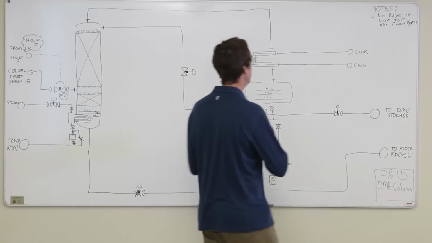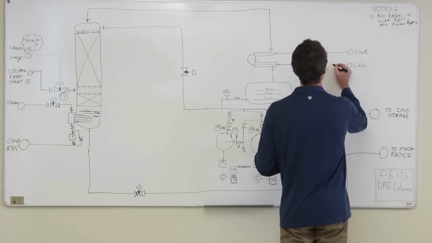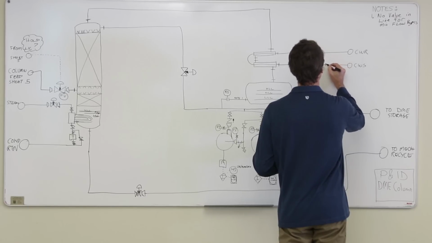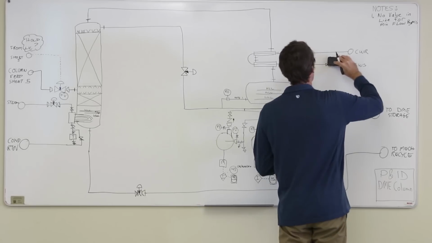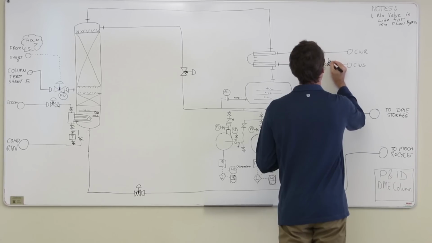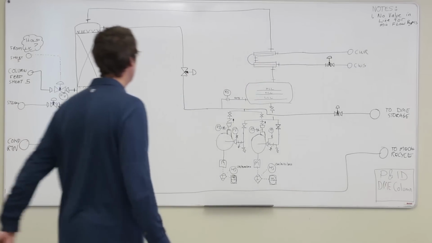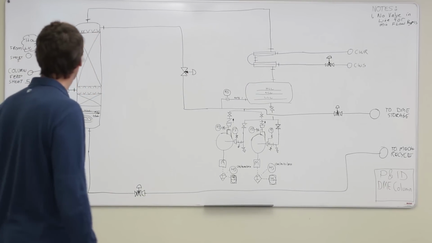And we probably are going to need some control on the cooling water as well. Like this. There's a bunch of different ways to do this. Whoa, that's a terrible valve. Ugh. There we go. Like that. Okay, so now we have our control valves on there.